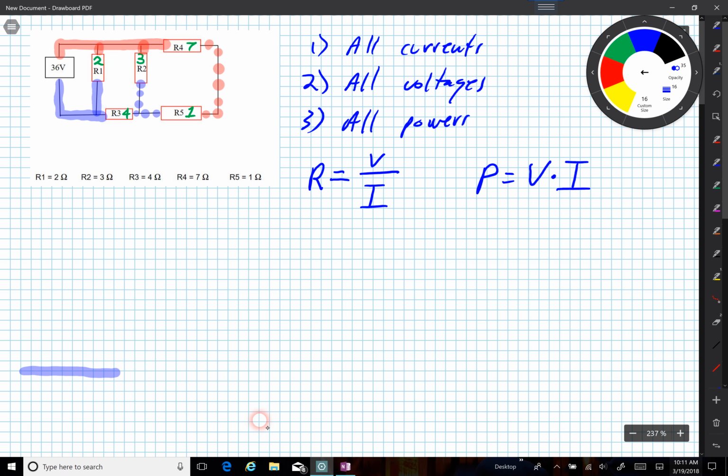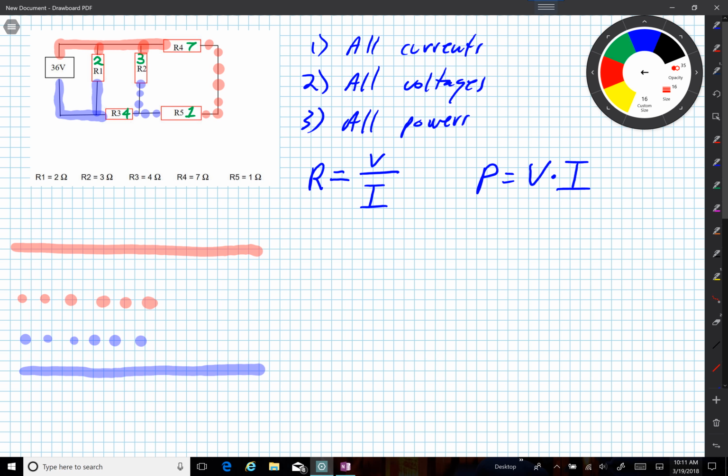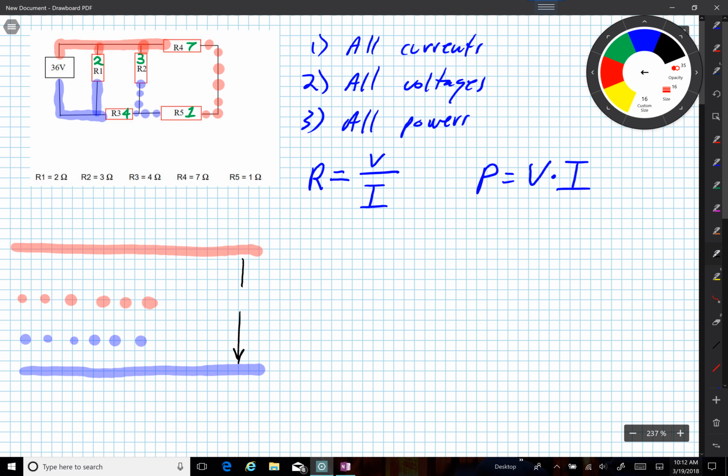I have my cold color, I have my dashed cold color, I have my dashed red high color, and my solid high color, and here to here is 36 volts.